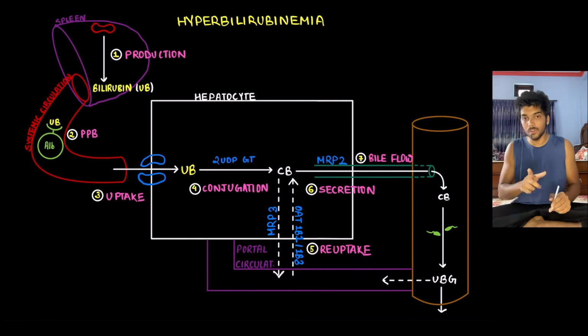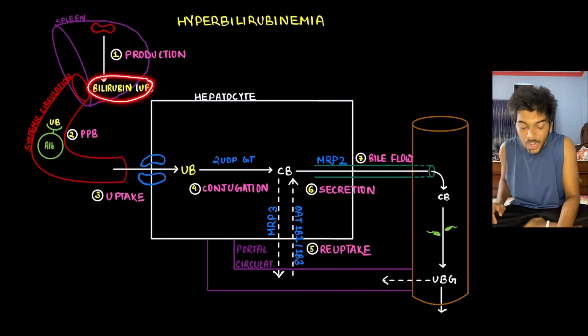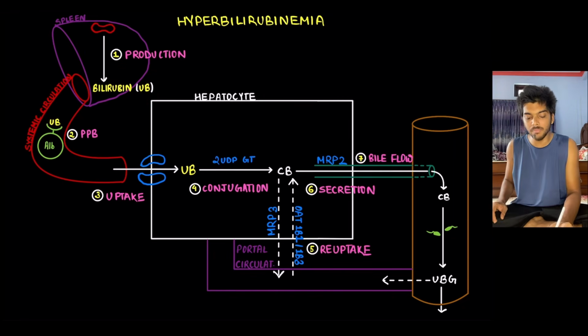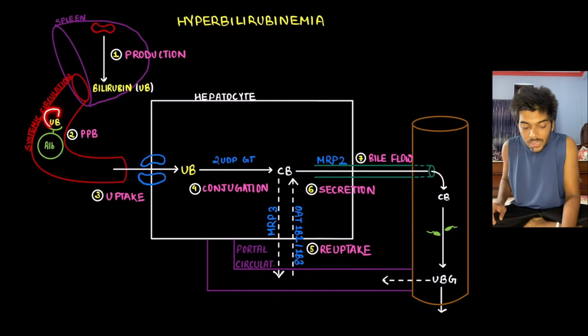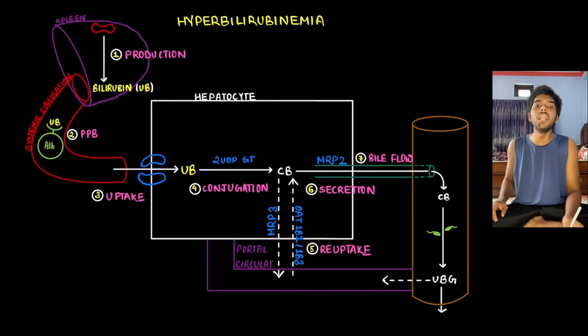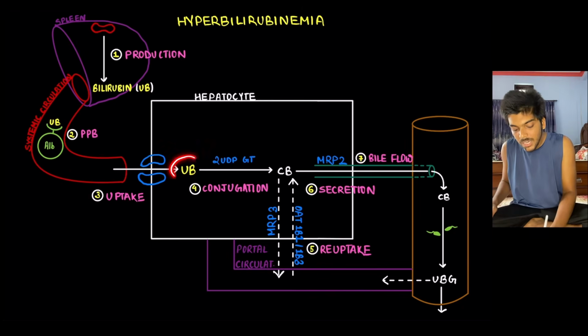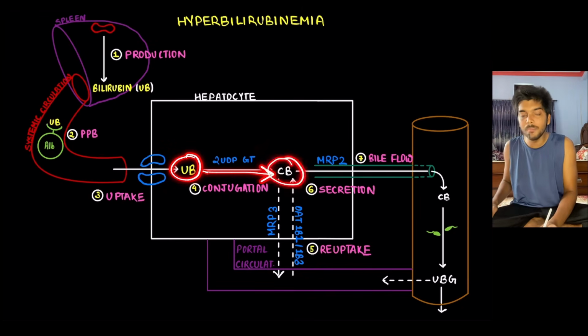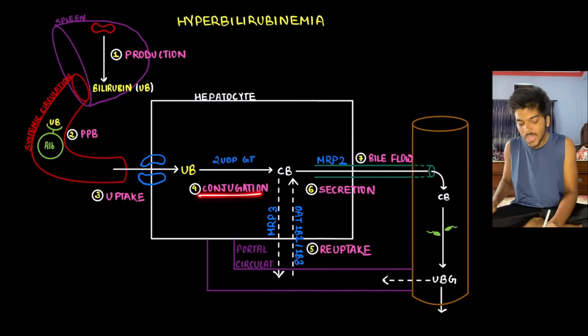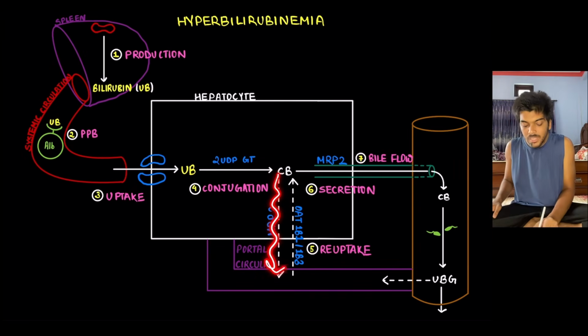So first, there was production of unconjugated bilirubin in the spleen. Then second, the unconjugated bilirubin bound with albumin, plasma protein binding. Then third, the unconjugated bilirubin was taken into the hepatocyte, uptake. Then fourth, the unconjugated bilirubin was converted to conjugated bilirubin by conjugation. Then fifth, conjugated bilirubin leaked into the portal circulation.